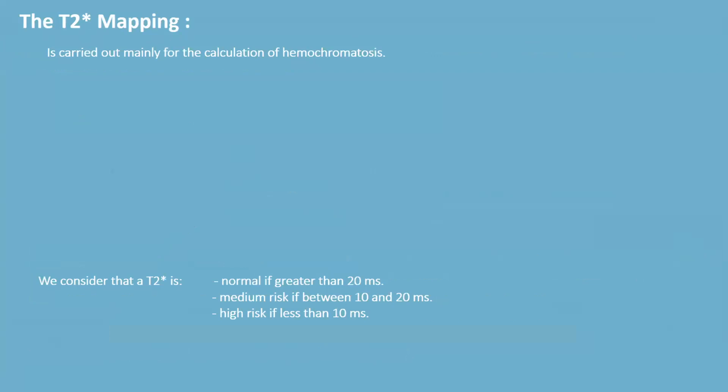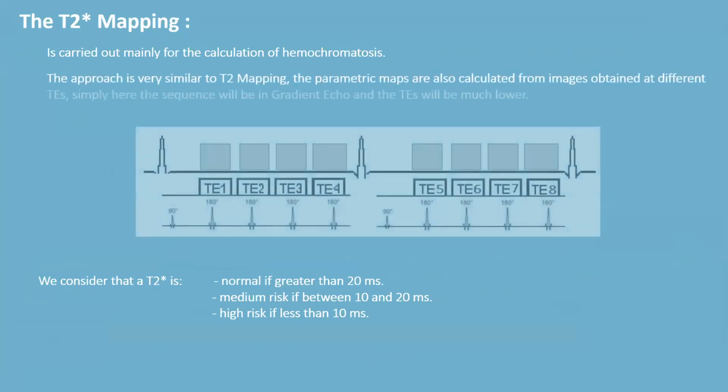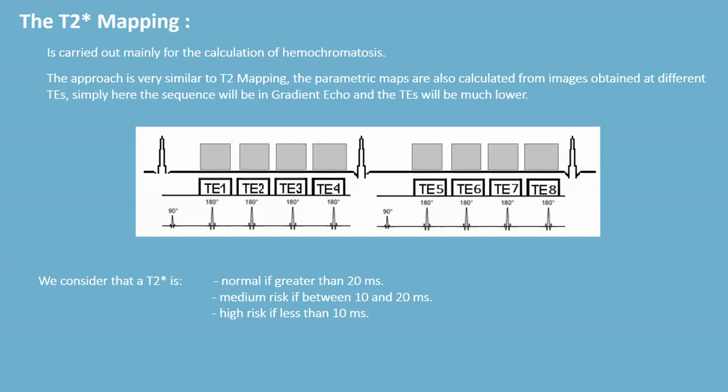T2 star mapping is carried out mainly for the evaluation of hemochromatosis. The normal value is greater than 20 milliseconds. For medium risk, it is between 10 and 20 milliseconds, and for high risk, it is less than 10 milliseconds.